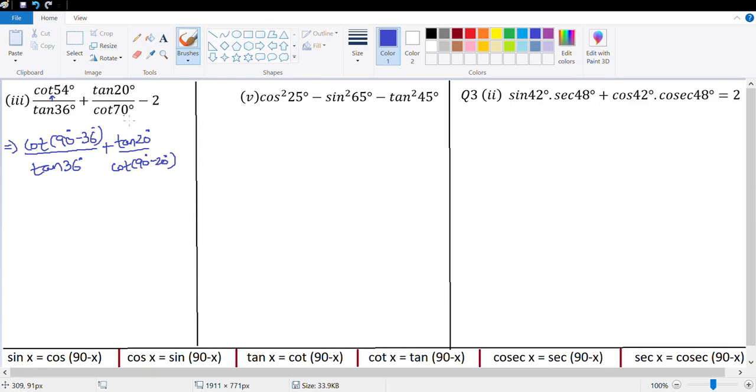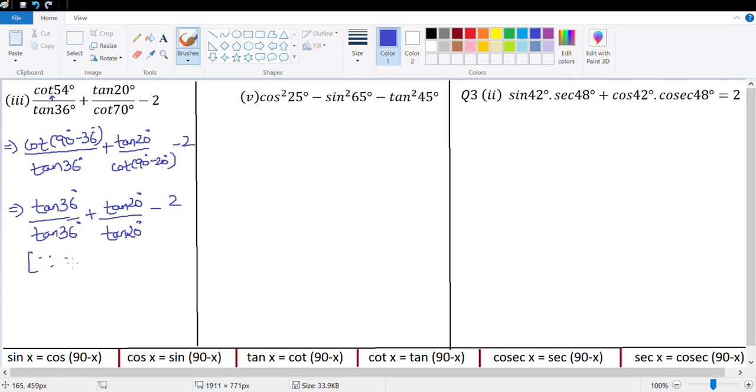Reason, 70 is nothing but 90 minus 20, and the third term is minus 2. So cot 90 minus theta is equal to tan theta. So this is tan 36 degree upon tan 36 degree plus tan 20 degree upon tan 20 degree minus 2.